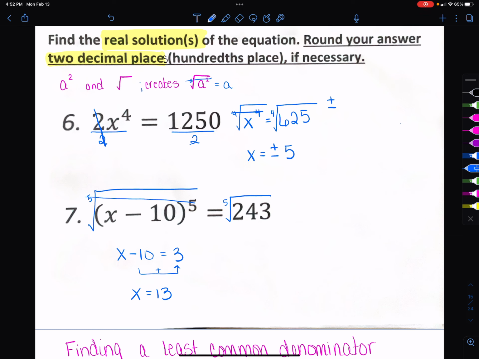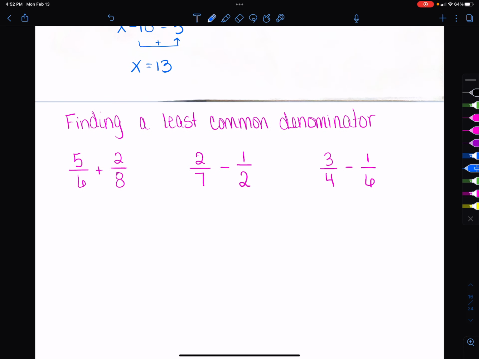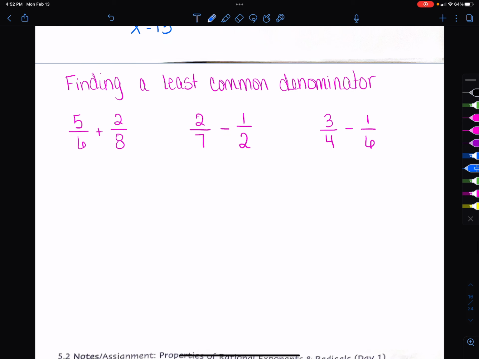All right, before I go on to problems 8 and 9, I want to talk about finding a common denominator. When we are looking for a common denominator, here's how I think of it. I am looking at the larger of the two denominators, so I'm going to be looking at 8. I'm trying to identify how I can make 6 and 8 have a common denominator.